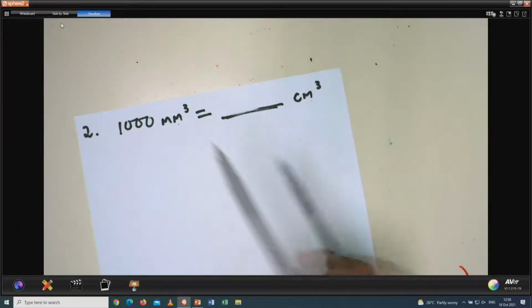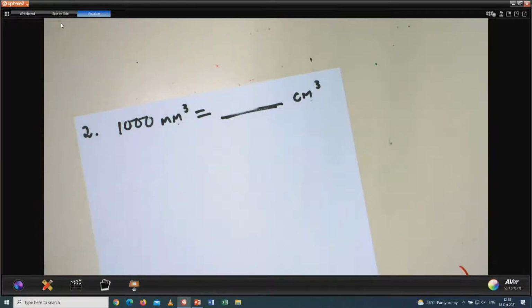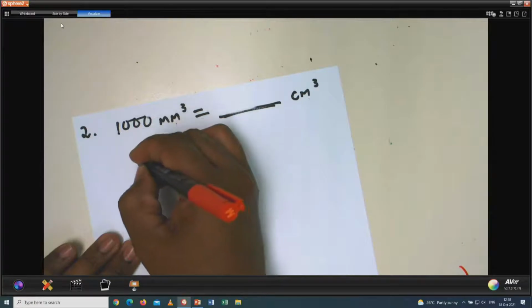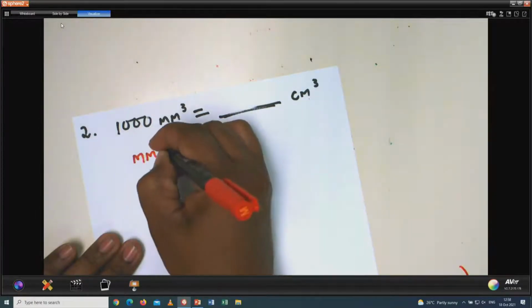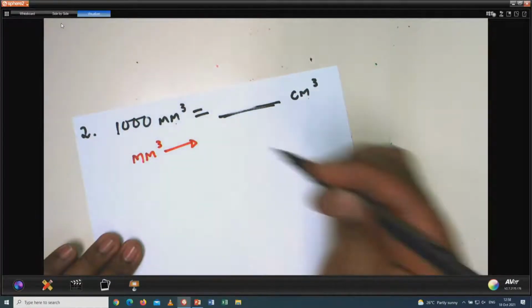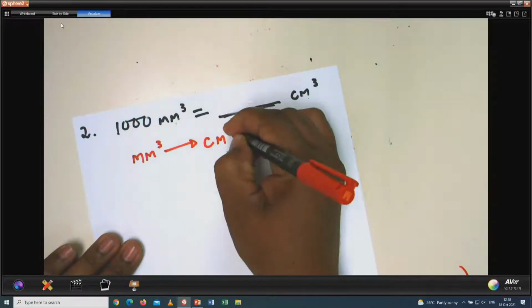Therefore, how are we going to convert cubic millimeters to cubic centimeters?